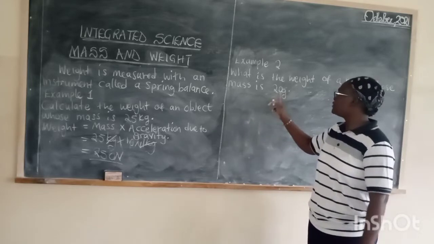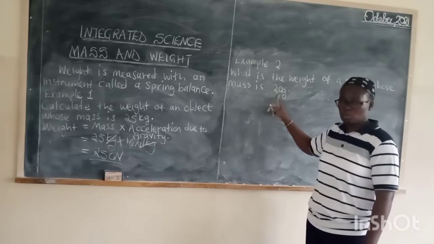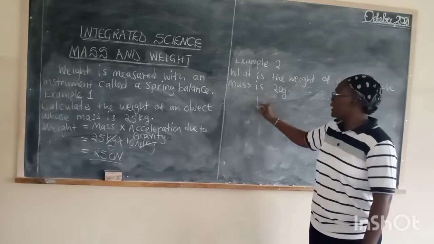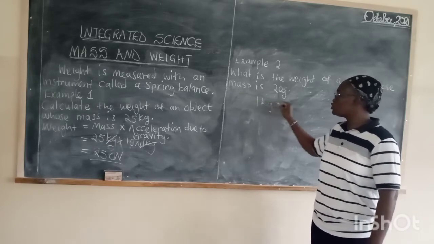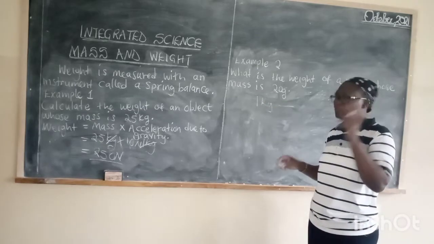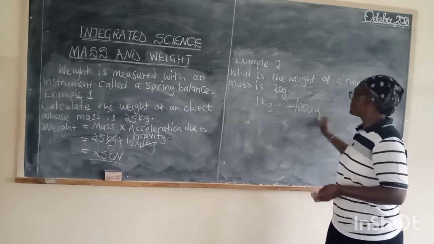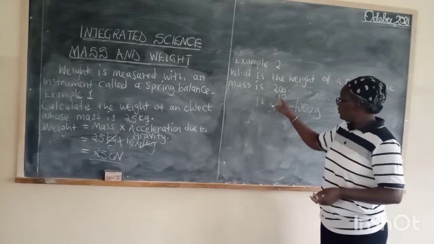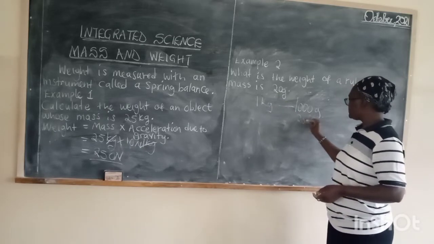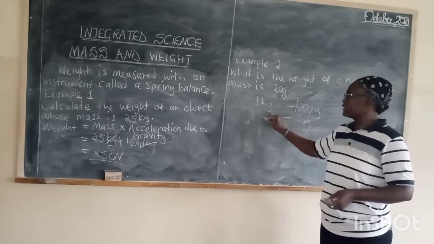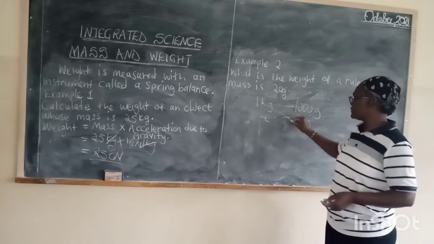Very good. So we have to change this 20 grams into kgs. So 1 kg we said is equals to what? Remember, 1000 grams. Then we put this 20 grams here is equals to x and we cross multiply.